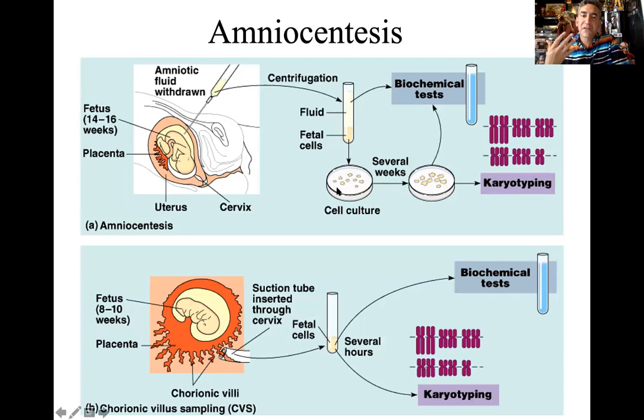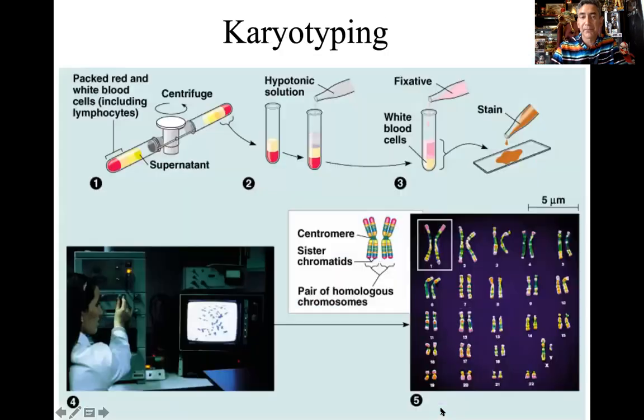Regardless of how it's acquired, once we have these cells, they can be centrifuged, and then broken apart, and we can extract all of the chromosomes. And this process is called doing a karyotype, or karyotyping.